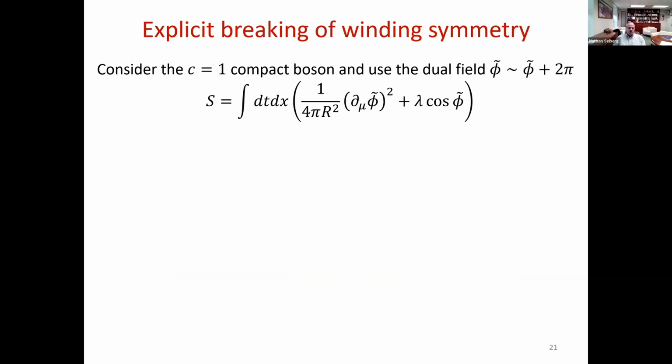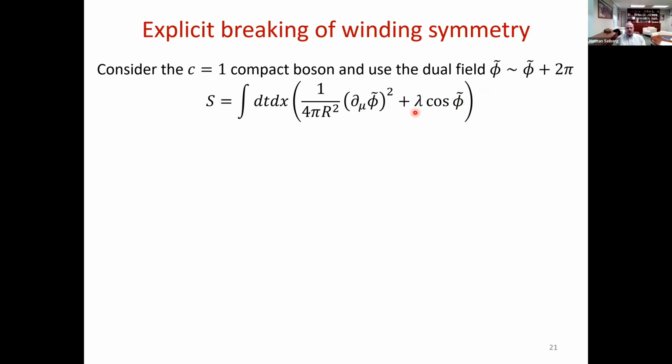So I'm going to consider the c equals 1 compact boson and use the dual variables, phi tilde. I do not know whether there are condensed matter people in the audience or not, so let me just give the dictionary. Instead of c equals 1 compact boson, they refer to it as the Luttinger liquid. And then phi tilde, the dual boson, is usually denoted by theta. So we studied this system.